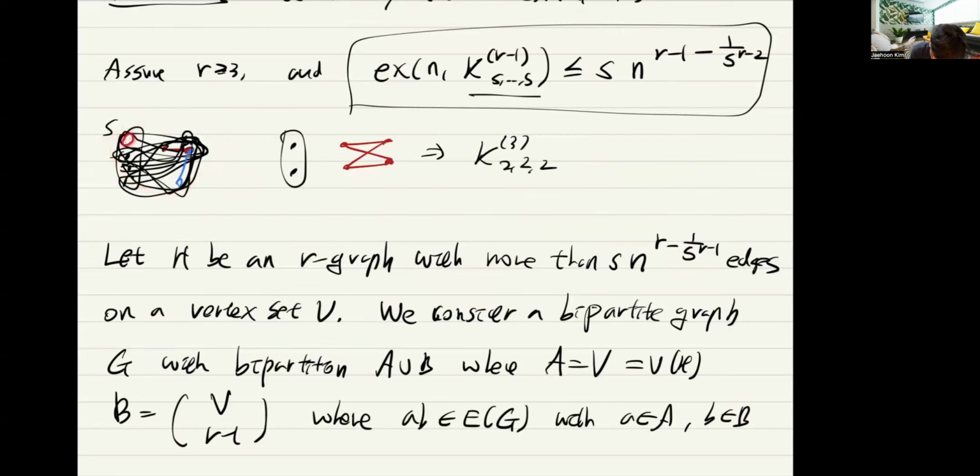So this one vertex and two, if they form a 3-uniform edge, then we put an edge between this vertex and this pair.